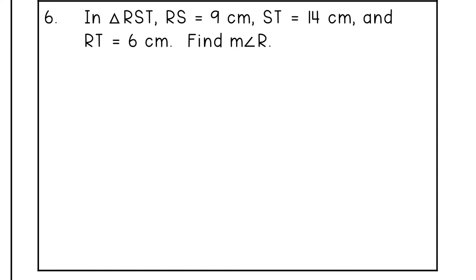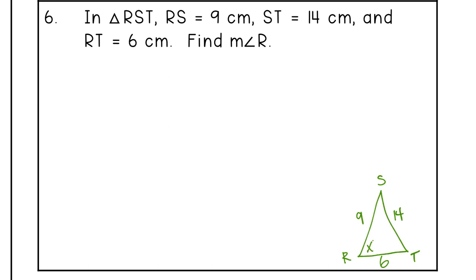So first thing we're going to do, we're going to draw. And I'm going to draw it kind of towards the bottom corner. I think that'll give me more room. So RST. So RS is 9, ST is 14, and RT is 6. They want us to find the measure of angle R. So for me, that's the bottom left corner.